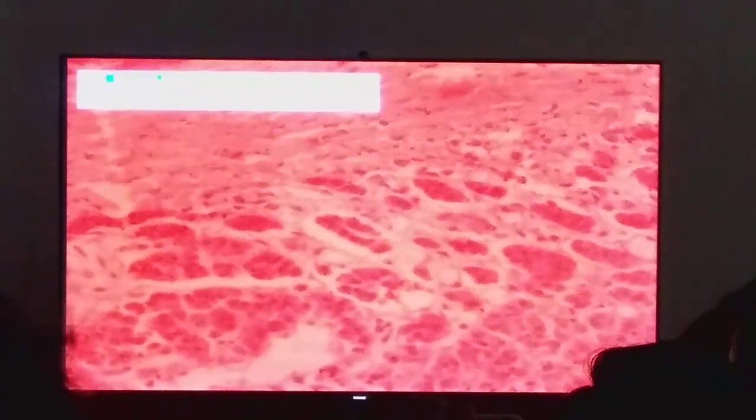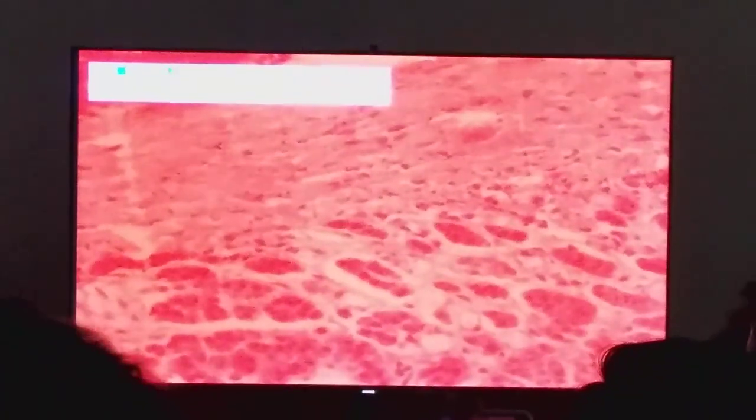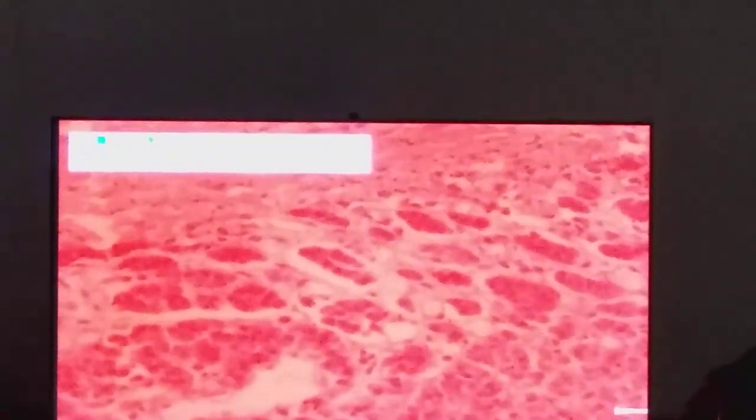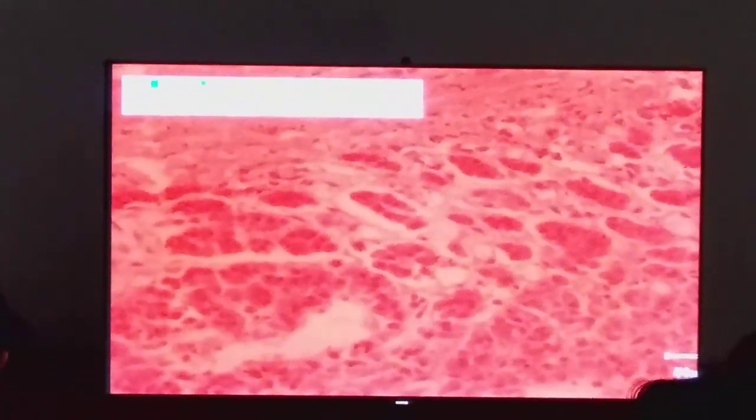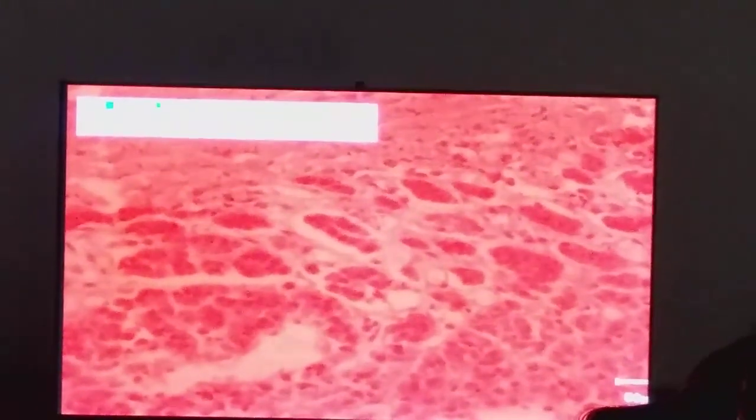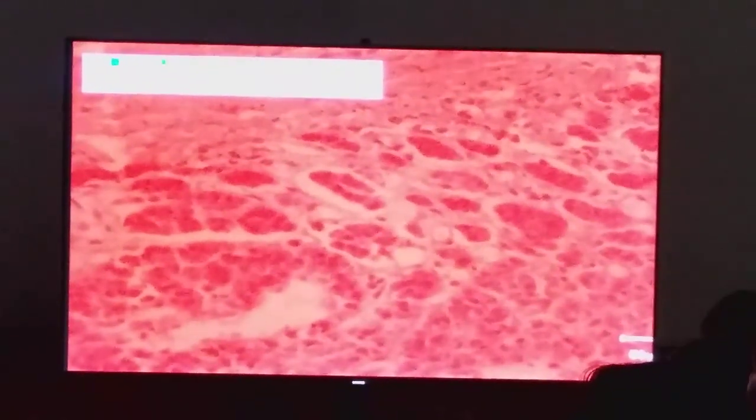Above, we will be able to see the fibrous capsule. Immediately underneath the capsule is the zona glomerulosa.